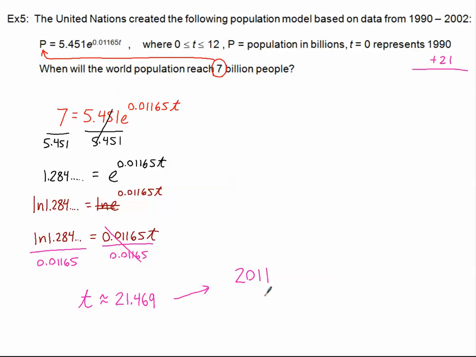If you want to get closer, you can talk about what fraction of a year is 0.469. That's probably sometime in June. But I'm just going to say the year 2011 must have been when we reached 7 billion people. I believe that's pretty close, but again, this was a model back in 2002, and there you go.